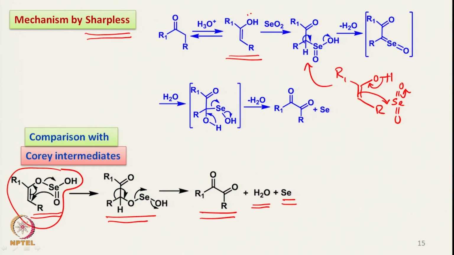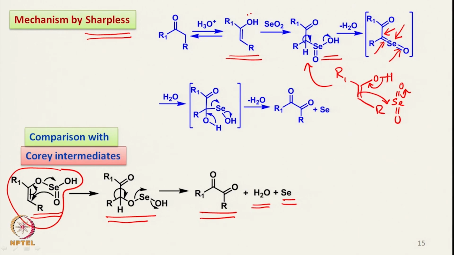So that is the only difference that one can see in the mechanisms by Sharpless and Corey, but there is a slight difference also. This intermediate then loses a water molecule to form this selenium intermediate, which has a carbon selenium double bond and of course a carbon oxygen selenium double bond, to which water re-attacks onto this particular carbon atom to form the carbon oxygen and carbon selenium type of intermediate, and this again loses water to form of course the diketone with the loss of selenium metal and water.